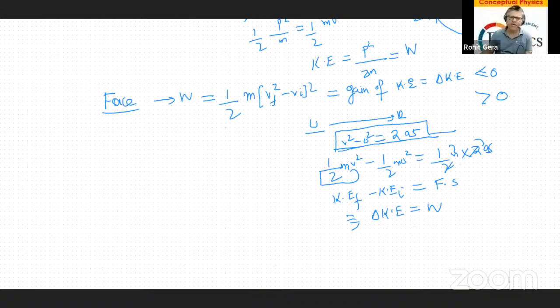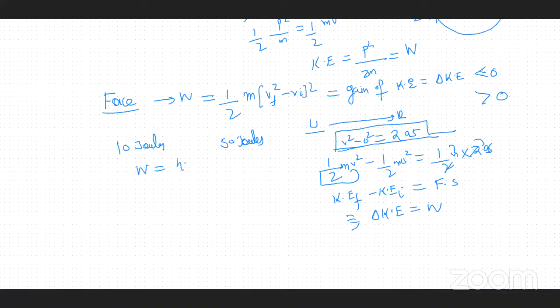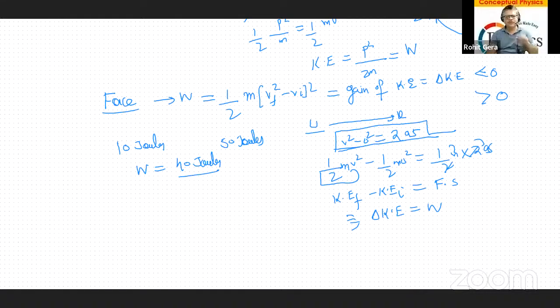So if I say a body has initial kinetic energy of 10 joules, and after some time you see 50 joules, what is the work done? Work done is 40 joules. Yes, the difference. The work was pumped inside that body.